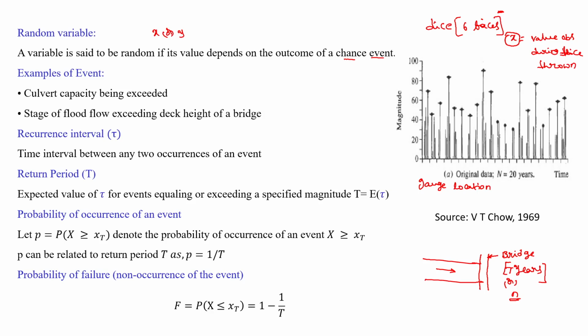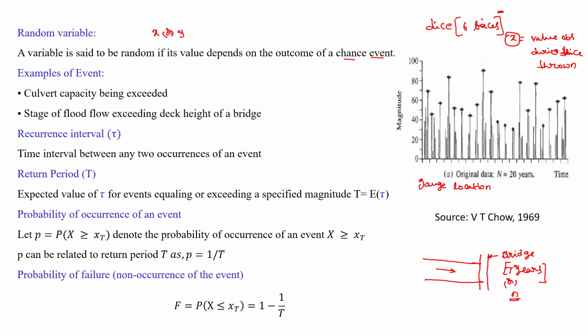Its values depend upon the outcome of a chance event, for example tossing a coin, whether you observe head or tail, or throwing a dice and observing the number, or the number of heads when you toss three coins. All these outcomes can be denoted with a random variable.